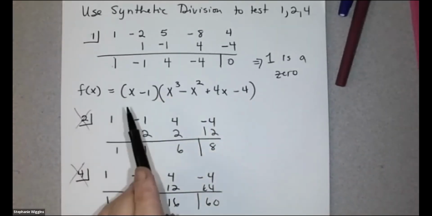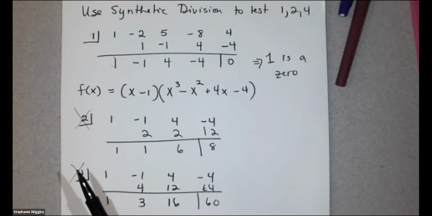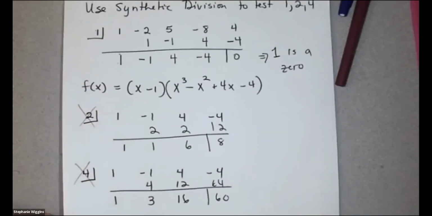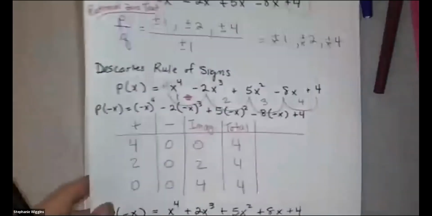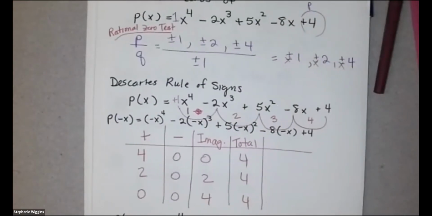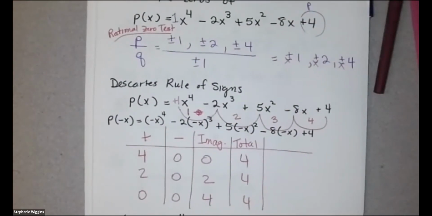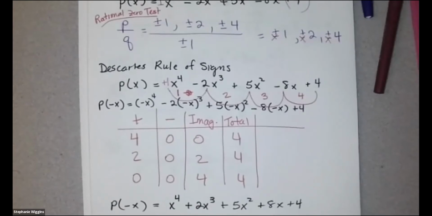So my thinking is, because if I go back to the Descartes rule of signs, I got to think this logically. I know I have at least one positive, right? Because I found it. It was 1, when I tested 1 and it got 0. So I know 1 is a 0.